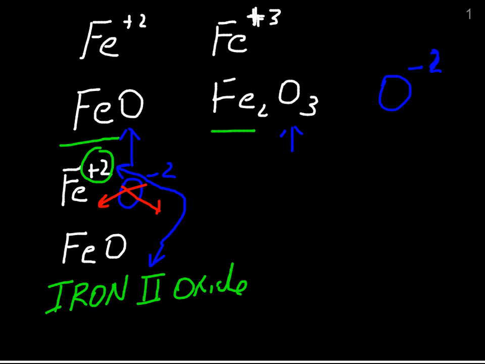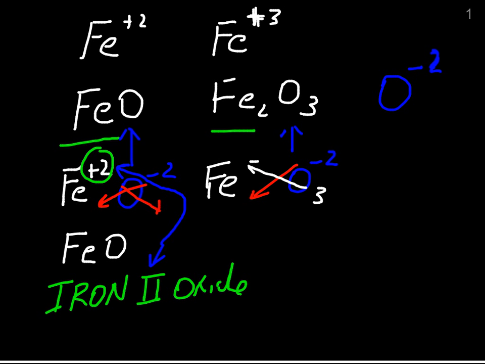Now looking at this other example, oxygen is sitting here with a -2, and there are multiple ways you can think about this. With that crisscross, that 2 dropped down to there on the Fe, and the 3 went back up.